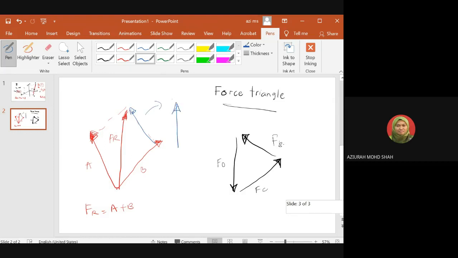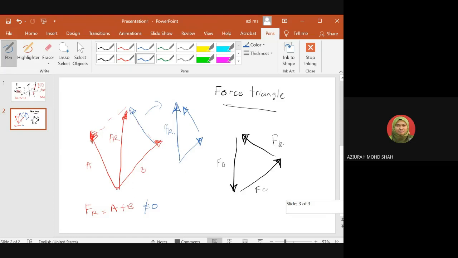So you can see there is no continuous head to tail. There are head meeting head, tail meeting tail. And this is FR. FR has a value, FR is not equal to 0. So this is what we saw before.